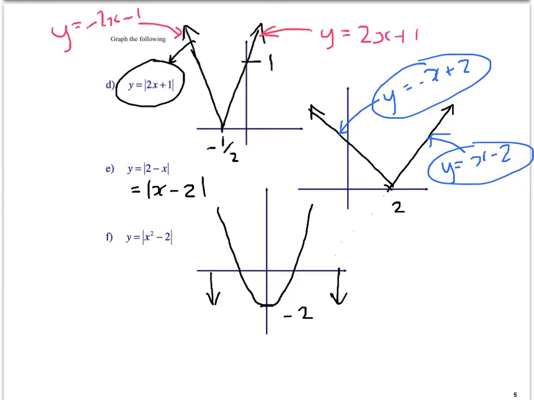So what I'm going to do is get rid of this part here, below the axis, and I'm just going to flip it around, so it goes like, there we go.